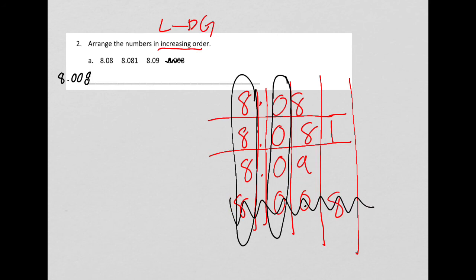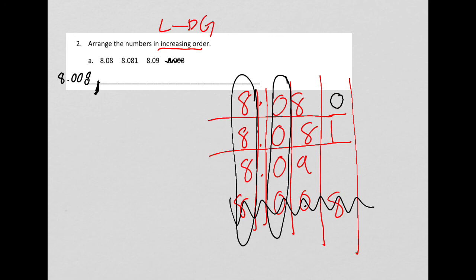I'm going to cross it off. Now I'm looking for the next smallest number. I have 2 8s and a 9. Well, the 9 is biggest, so that means my biggest number is going to be this one with the 9. But I have to decide between these two with the 8, which one is smaller. So I'm going to continue looking here. Well, this is a blank space, so it's a 0. So which is smaller, 80 or 81?